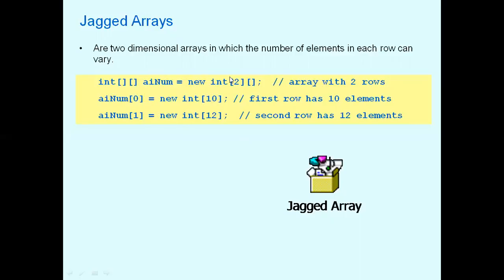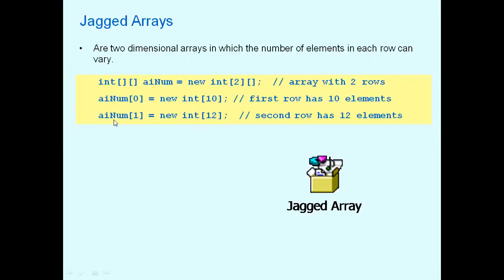So row is a mandatory field here. The row number should be maintained. And the array of integer numbers 0, first row 10 values. Array of integer number 1, second row 12 values. So for every row you need to specify how many values we need to store. So this is what we call a one-dimensional array type.